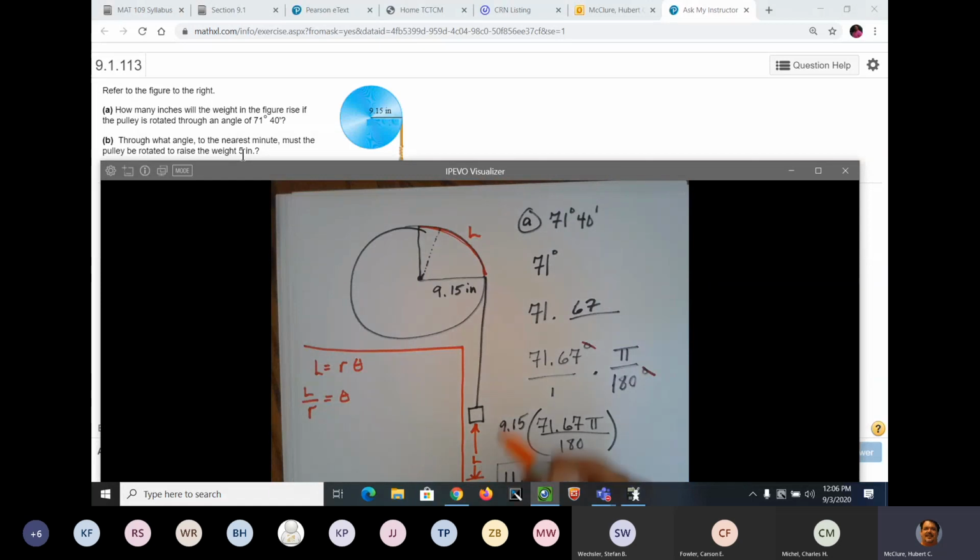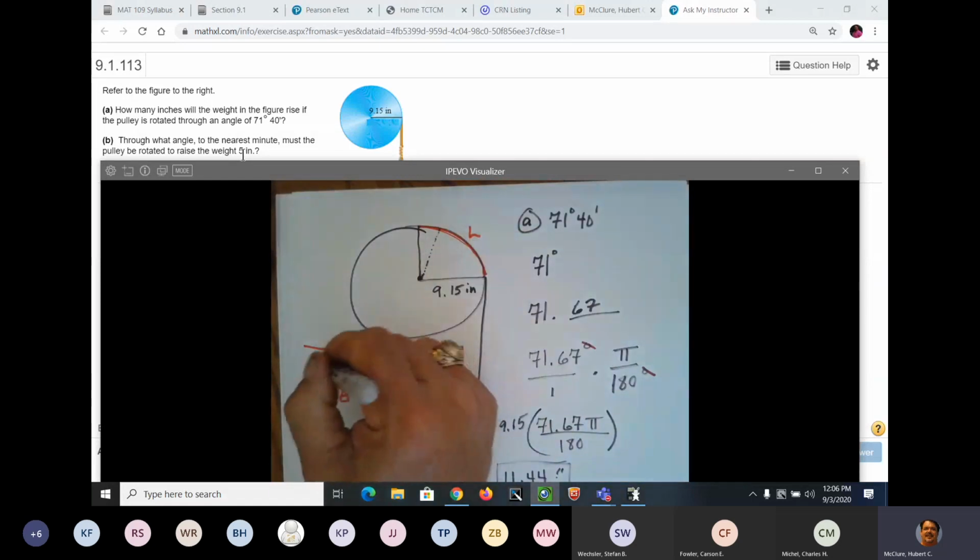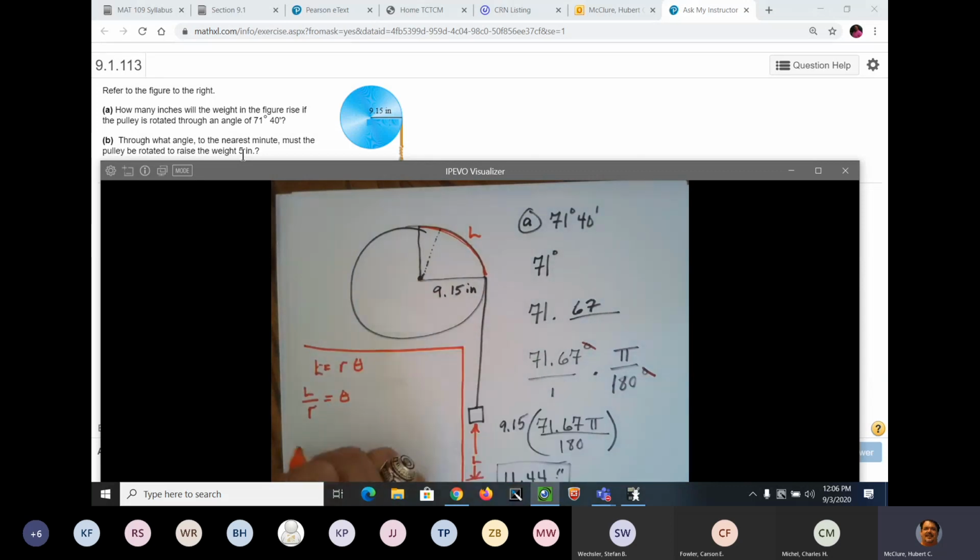So the length is what we're looking for, and we know that that's equal to 5. So 5 over R, which is 9.15. How are they going to do this without the inverse? Okay. And that's going to be your angle.